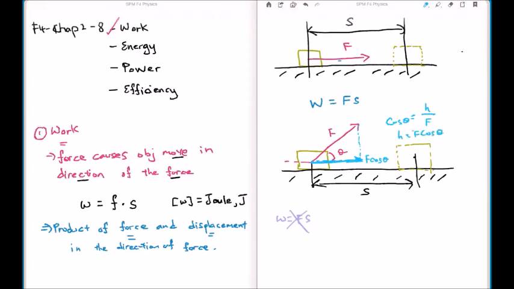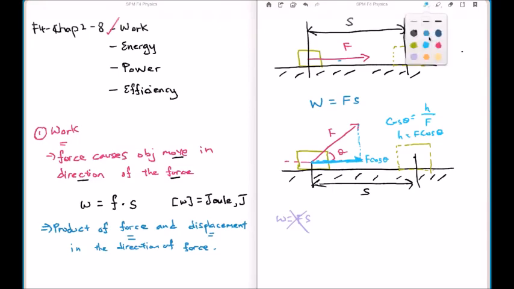So for this case, when the force is no longer parallel to the displacement, where the object moves from one side to another, you need to look for the horizontal force parallel to the displacement or the movement of the object.